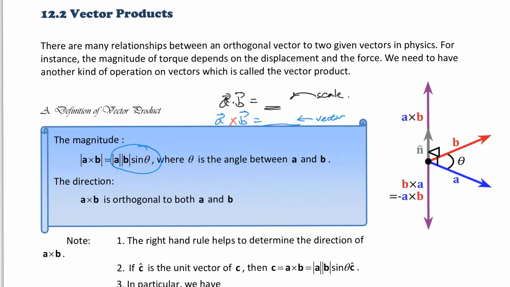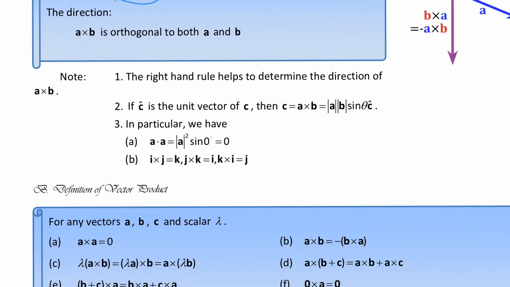And there are several properties you need to know. For example, A cross B is equal to, this is the magnitude, A times B times sine theta, times the direction, that means the unit vector of the direction of A cross B. We'll use this notation to represent the unit vector.